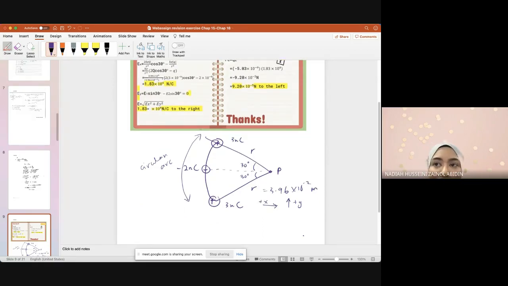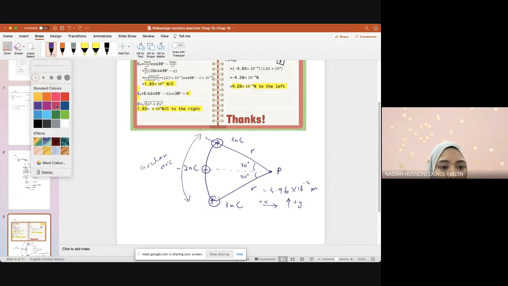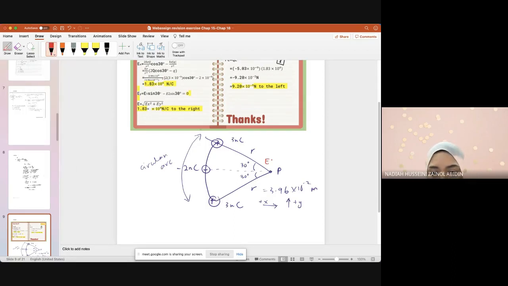It says to the right is positive, up is positive y, because we're talking about vectors, so we need to define the direction. Okay, what is the total electric field at P? So it's asking what is E at P, at the center of the arc.